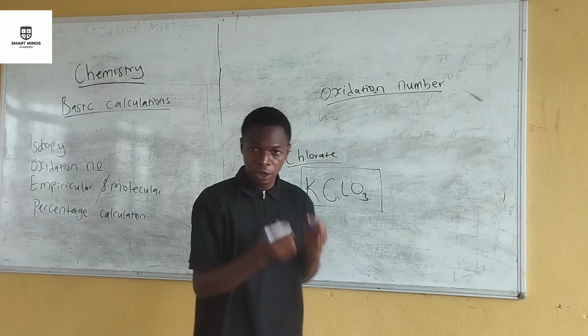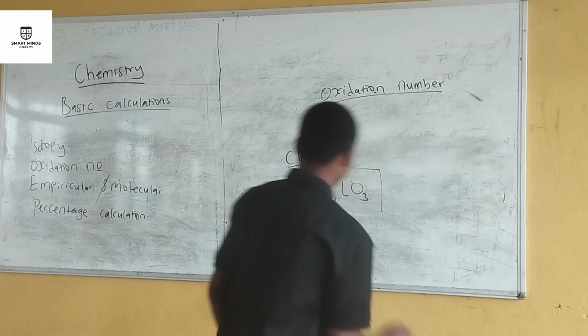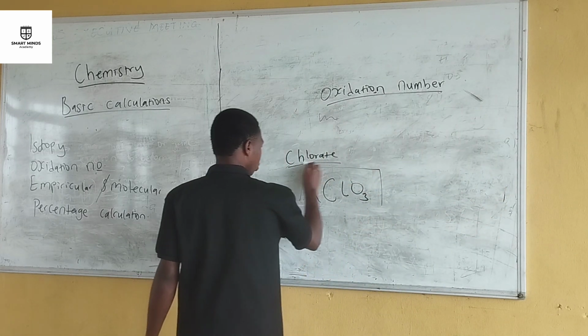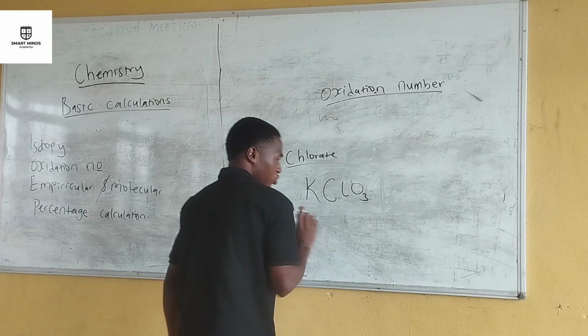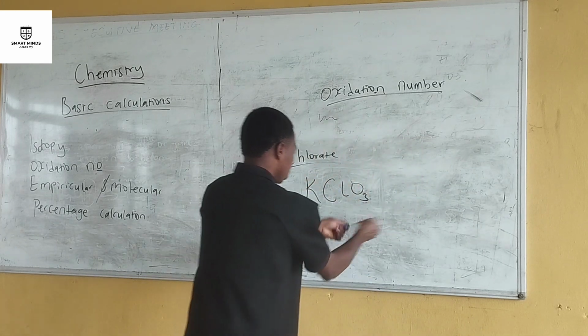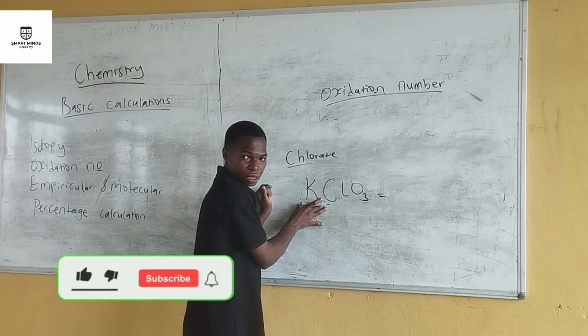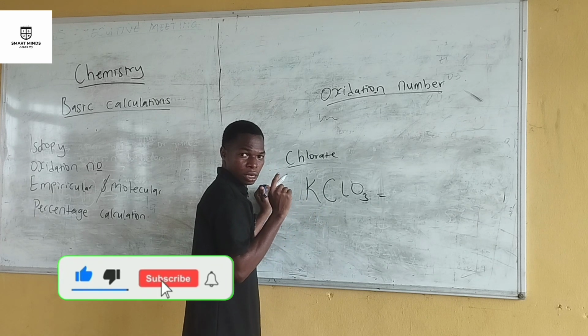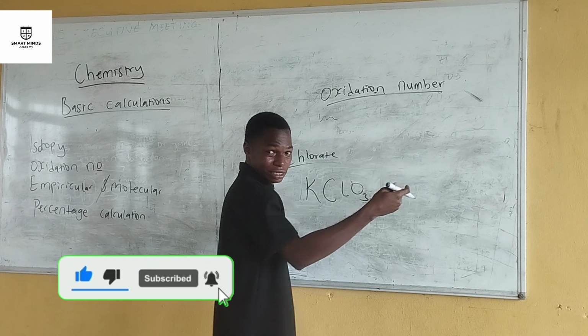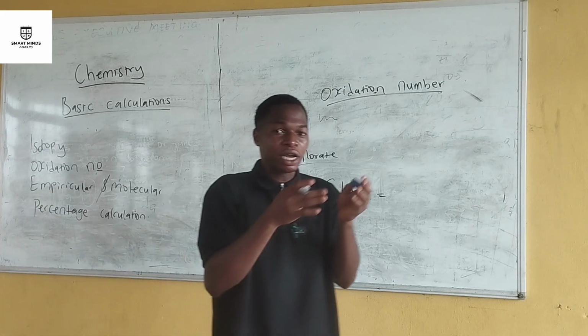What will you do? First things first. Please understand, these are the basics. The first thing you will do is, what is the combining power of potassium here? 1. Combining power is valency. Valency is the combining power of an element.